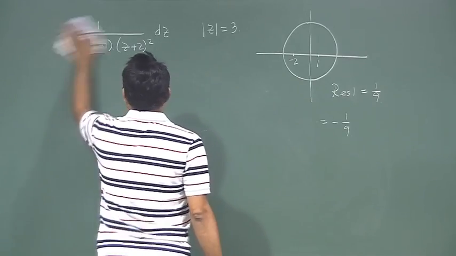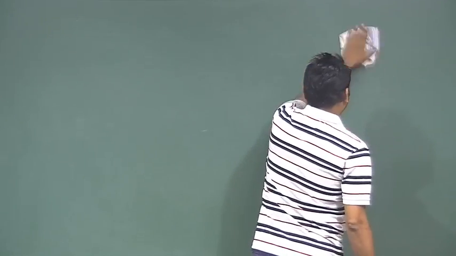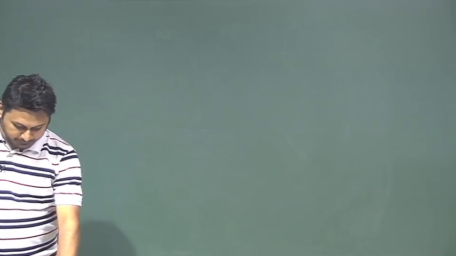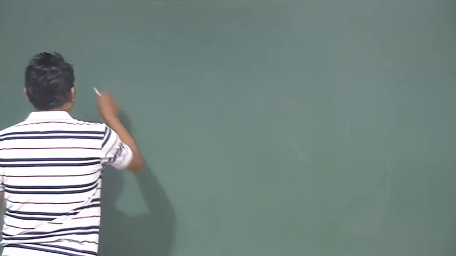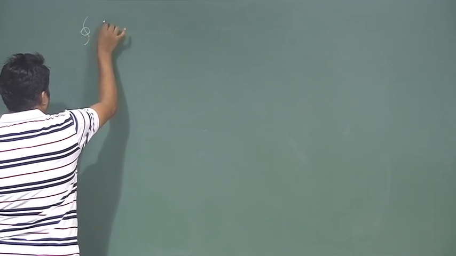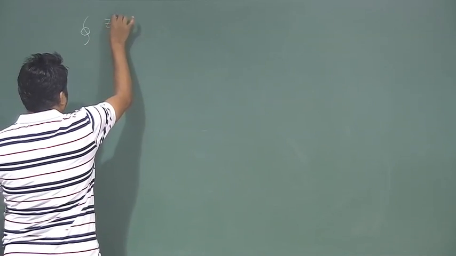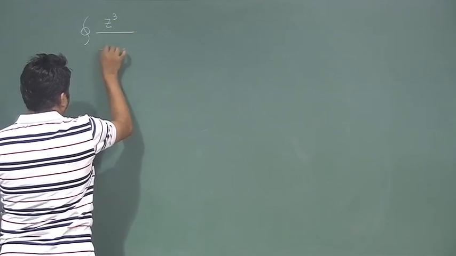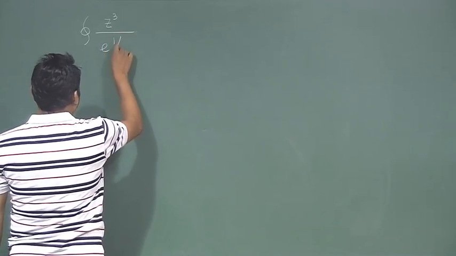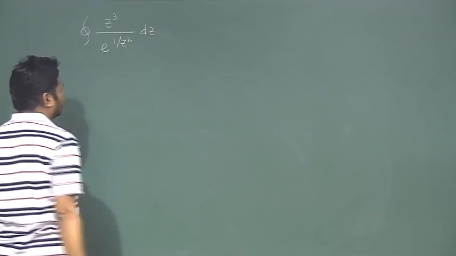Okay. So, next example, I should go with another example. It is interesting. The function that is given to us is z cube e to the power of 1 divided by z square dz.